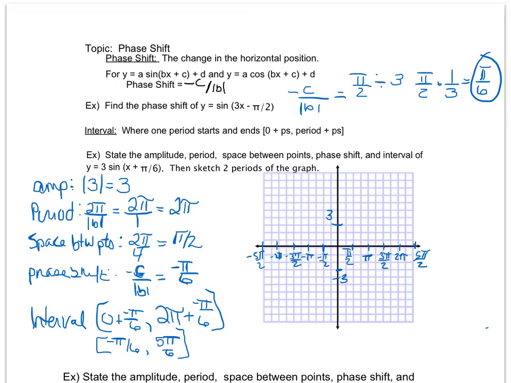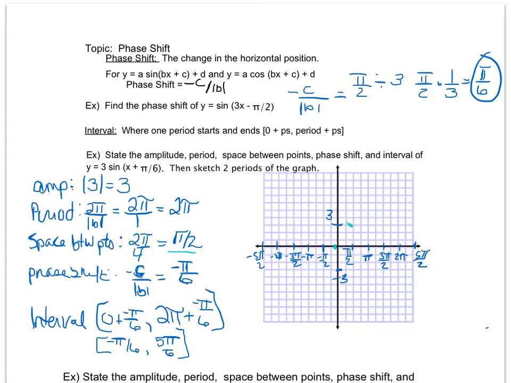Pi over 6 is just barely past 0 degrees, so negative pi over 6 is going to be just barely behind 0. So I'm going to go just behind 0, and I'm going to put my first point. From there, my sine function travels up to 1, but because my amplitude is 3, I'm going to travel up to 3, and I'm going to go a distance of pi over 2 to get to that 3. So a distance of pi over 2 would put me just behind pi over 2.